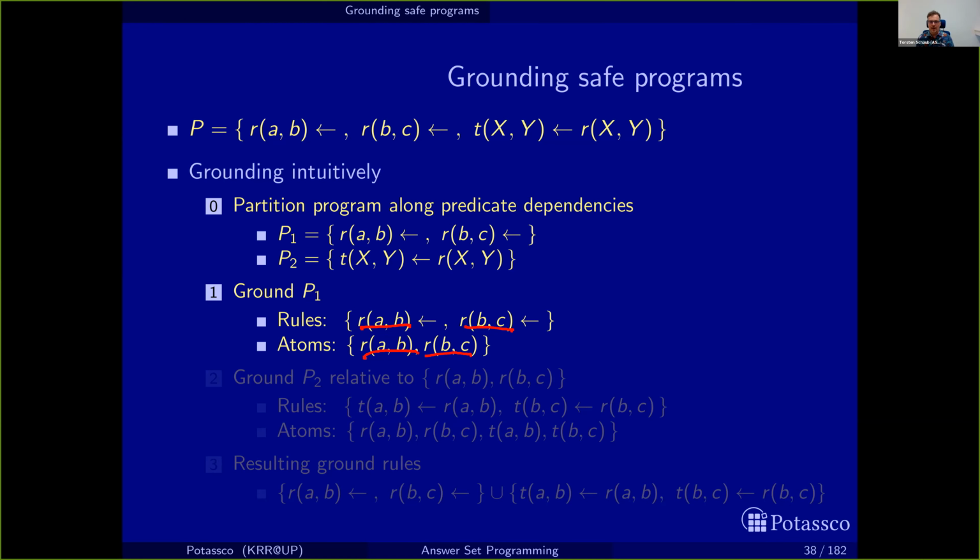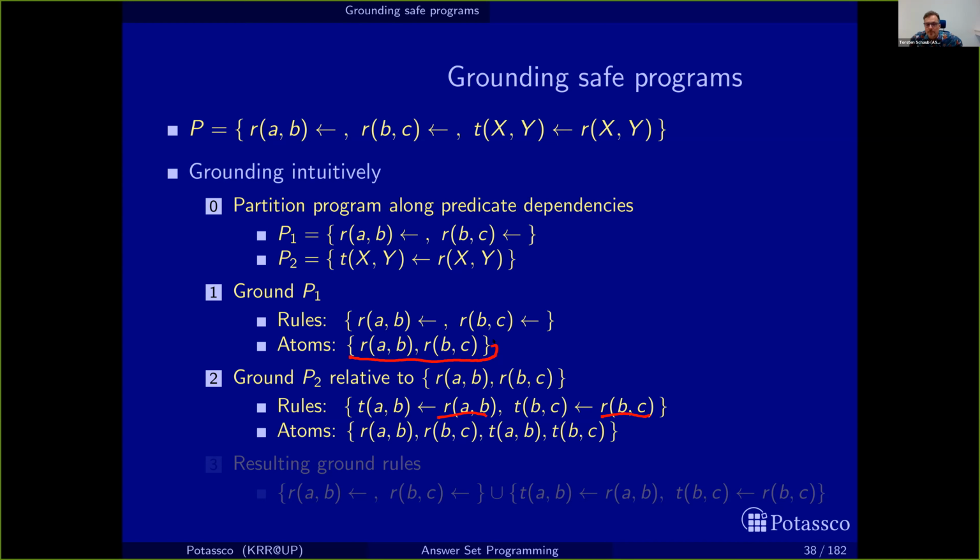Then you attack the next component with this information in your backpack. You know that only R of AB and BC are derivable and no other combinations. Accordingly, it will result only in rules that have atoms in the body that are possible due to the information you gathered on grounding the first component.